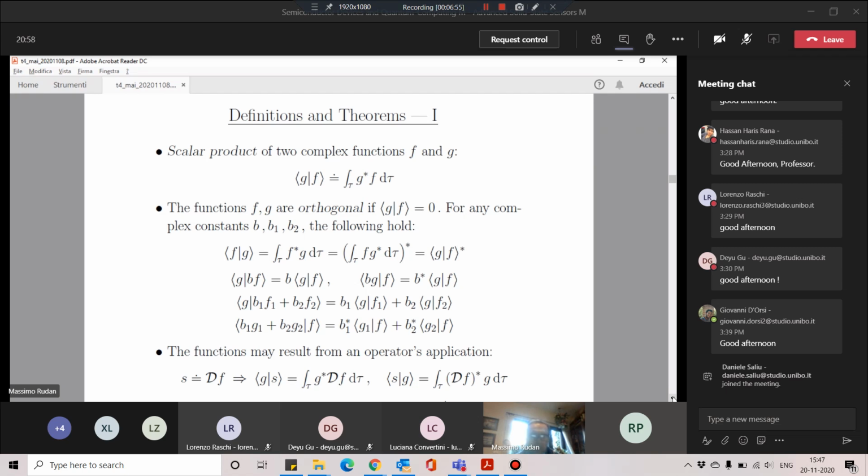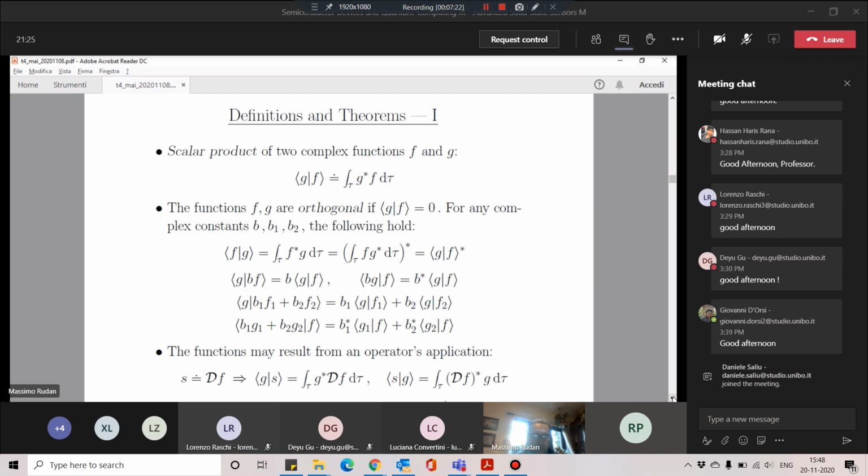Let's now elaborate a little on this. Assume that you take a function f and you operate on it with an operator that is indicated with d. D is any operator, okay? So what is the result of the application of an operator onto a function? You obtain another function.